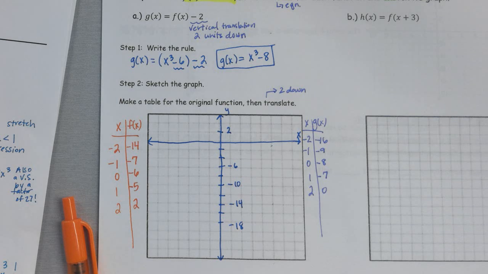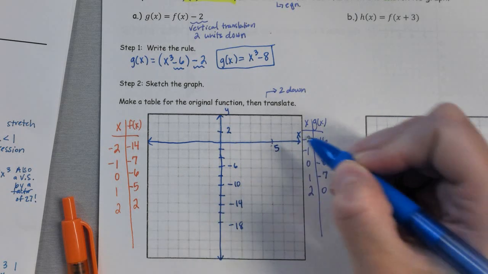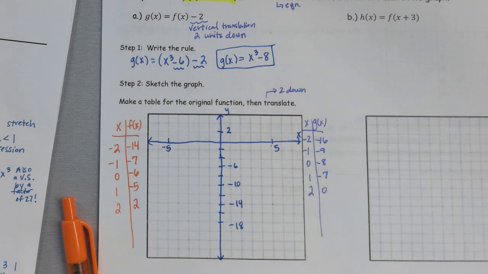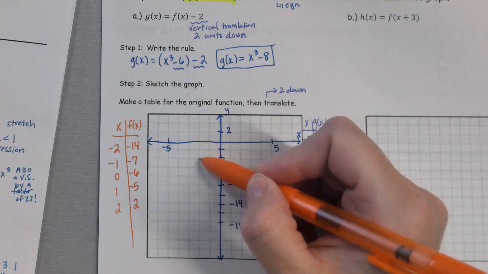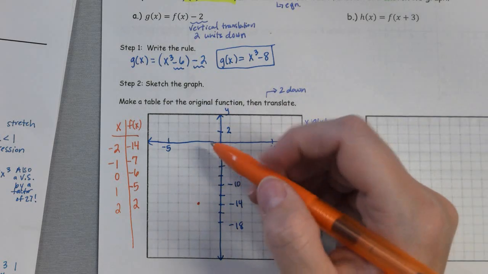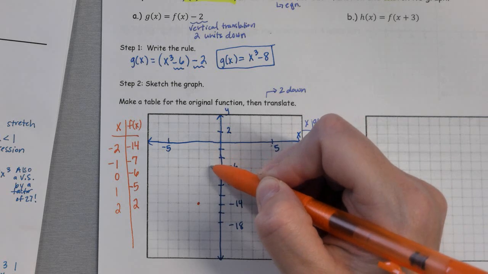Now just because I scale my y's by 2 doesn't mean I have to do that for my x's. So my x's I am going to keep by 1's. So like this would be 5. This would be -5. Just give a couple for each. I wanted this here because I know I'm plotting a lot in this area. So if I do -2 down to 14, okay, and then -1 down to 7.